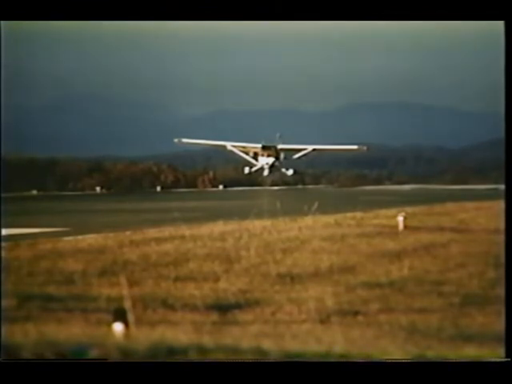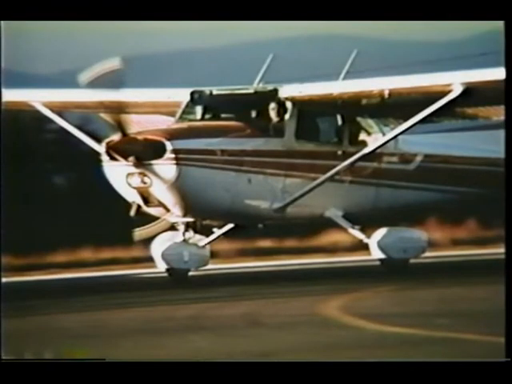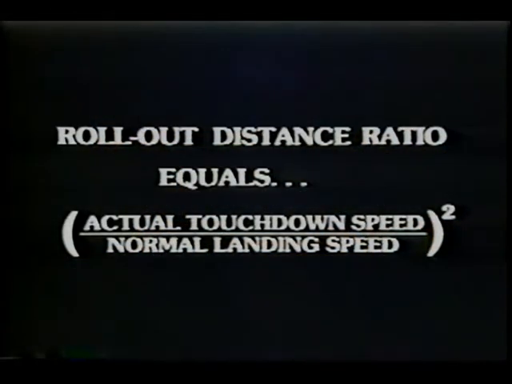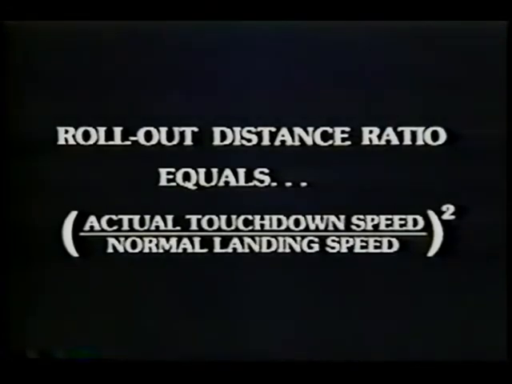And don't think it's going to do any good to force it on at higher than recommended airspeeds either, just so you can say it's on the runway. Let me tell you why. Rollout distance is increased by the square of the ratio of the actual touchdown speed to the normal landing speed.